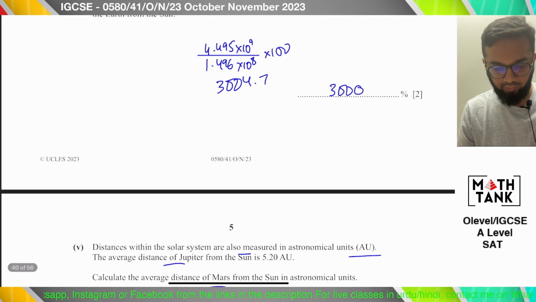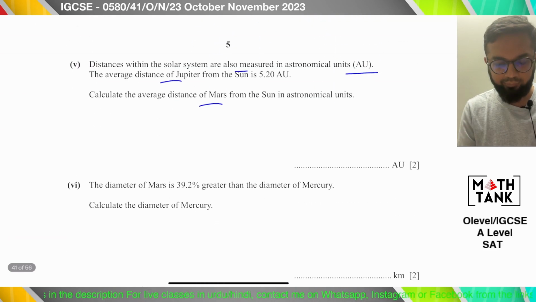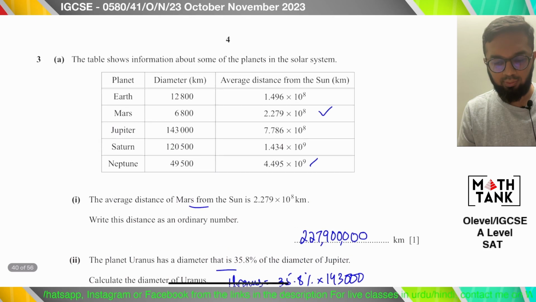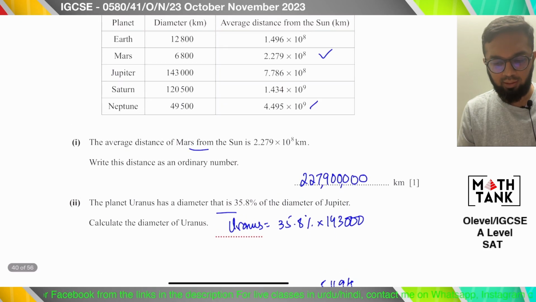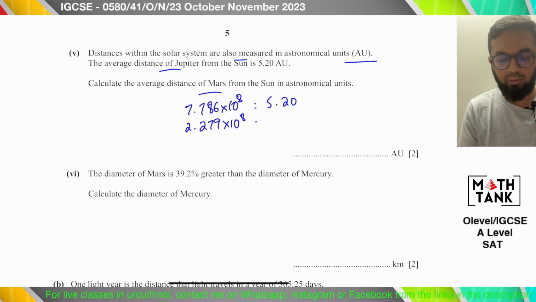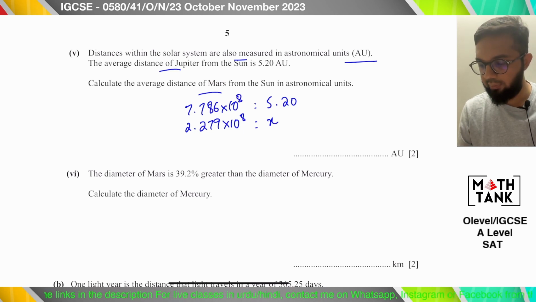So 7.786 × 10^8 is to 5.20, and Mars 2.279 × 10^8 is to X. Again cross multiplying to solve: 5.20 times 2.279 × 10^8.